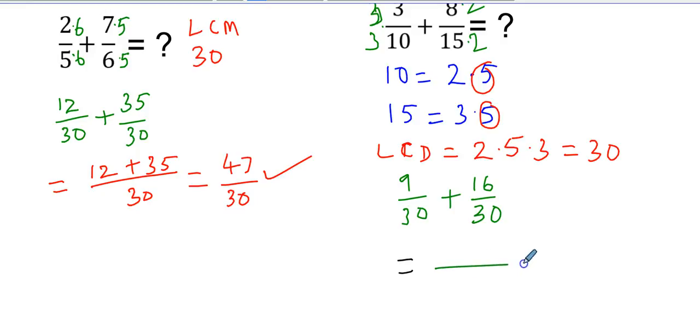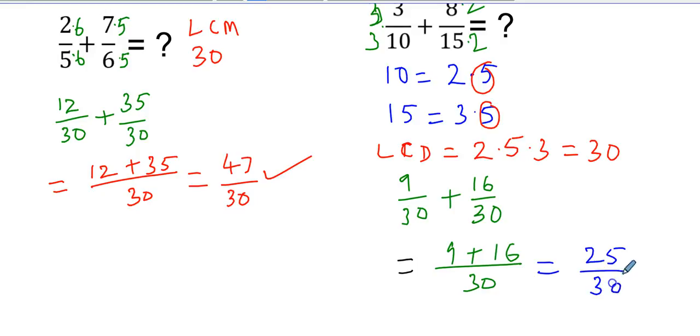I'll write down 30 at the bottom and 9 plus 16 here. 9 plus 16 is how much? That gives you 25 over 30.